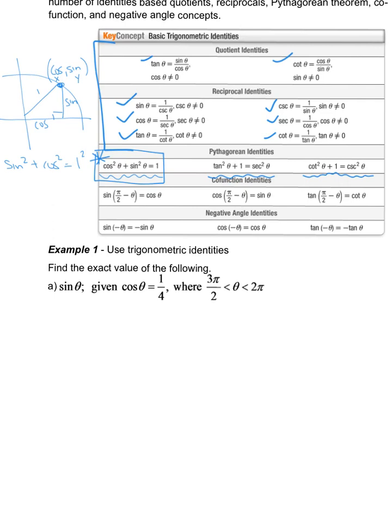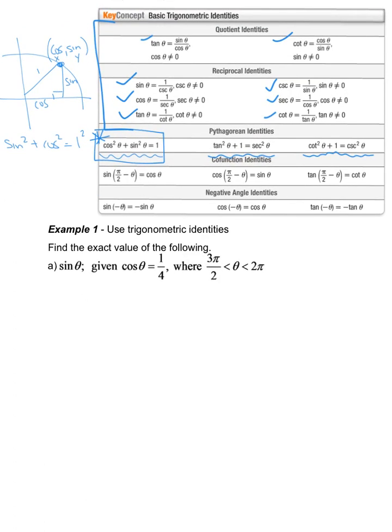It says find the exact value of the following. If you remember back from chapter 12, we would draw a triangle, label our sides 1 and 4, do Pythagorean's theorem and go from there. But with chapter 13, we're actually going to use our identities. Given our sine and cosine, we want to pick one of our Pythagorean identities.